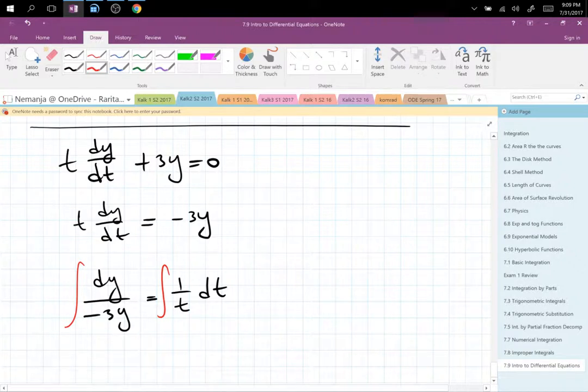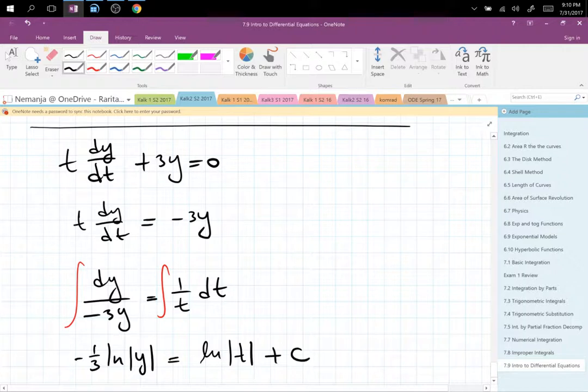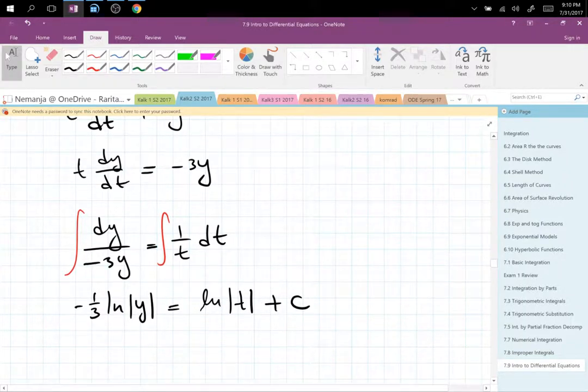So over here it worked. And you can solve this to figure out if these are going to give you solutions that you desire. So the first one is negative 1/3 ln of y is equal to ln of t plus c. As you can see, I'm solving it now, but it worked out to be separable, so it's not a big deal.